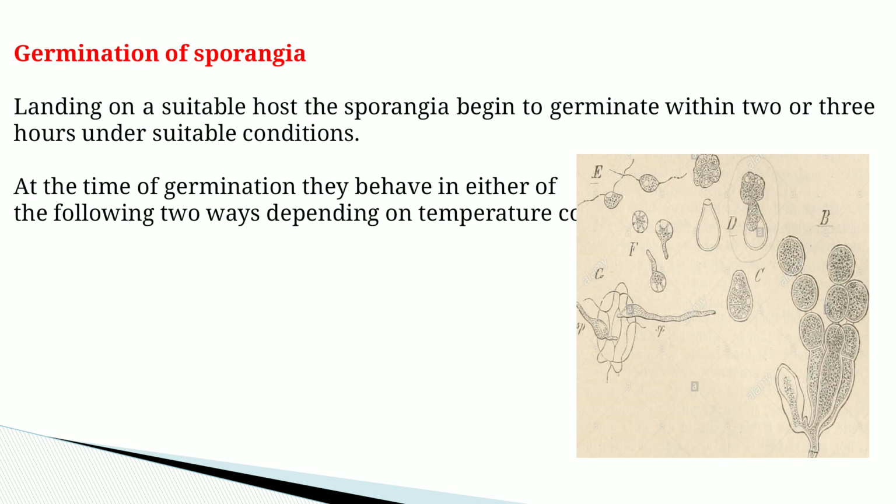What are the two ways? One is indirect germination and the other is direct germination. First, we will discuss indirect germination. The details of indirect germination are given in the next video, part 2.